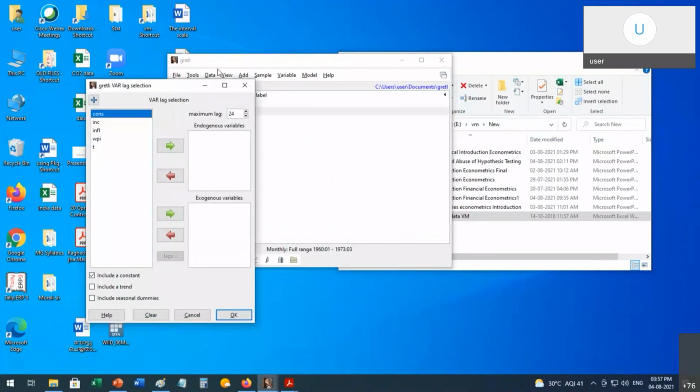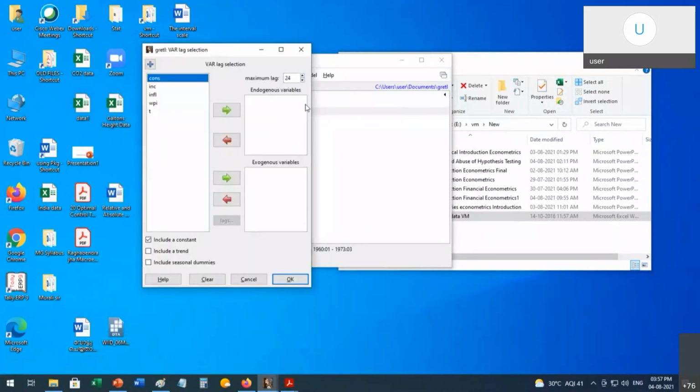The maximum lag already selected is 24. We can keep it as such. The three variables that we are considering are consumption, income, and inflation. We enter that. All the three are endogenous variables in the framework of a VAR model. That is the property of a VAR model. All the variables are endogenous variables. We can also include some exogenous variables, but usually it is not there.